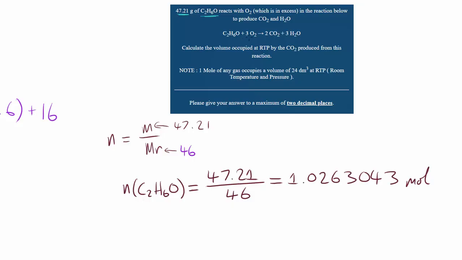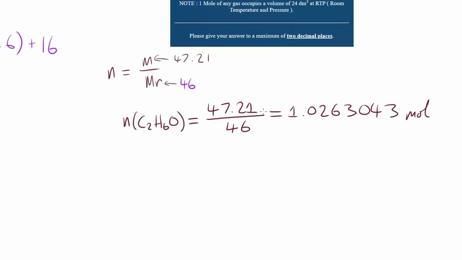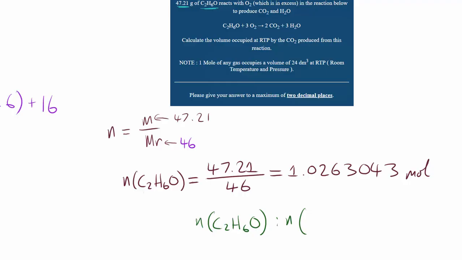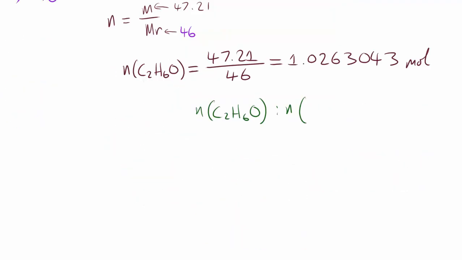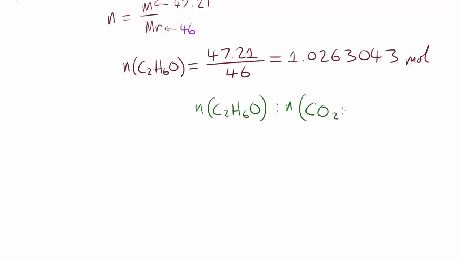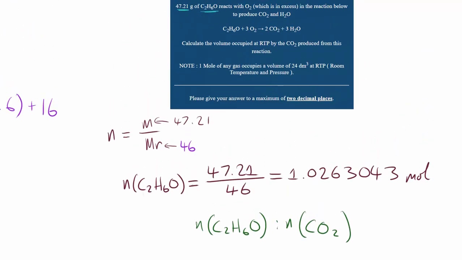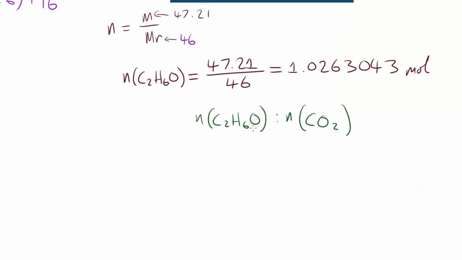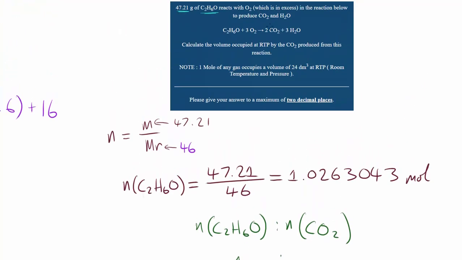But what we're really trying to get is the amount of substance of the CO2, because that will then enable us to work out the volume. If we look at the balanced equation and set up a molar ratio comparison of the number of moles of C₂H₆O compared to the number of moles of CO2, you find that for every 1 mole of C₂H₆O, you're going to have 2 moles of CO2.